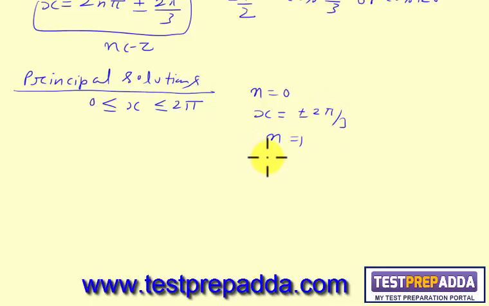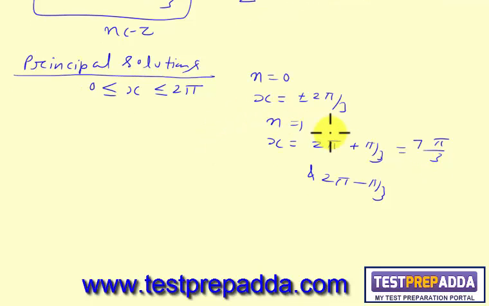If I put n as 1, then x comes as 2 pi plus 2 pi by 3 and 2 pi minus 2 pi by 3. So 2 pi plus 2 pi by 3 is 8 pi by 3, and 2 pi minus 2 pi by 3 will become 4 pi by 3.